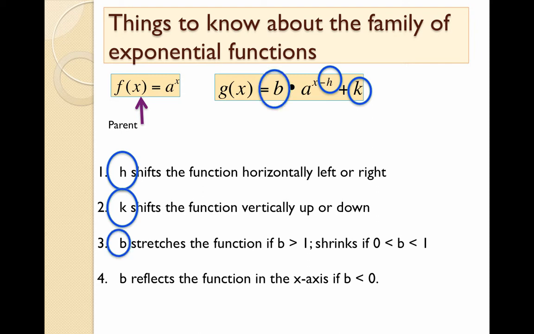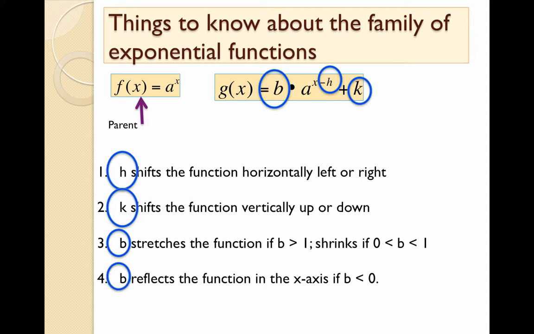The coefficient b stretches the function if b is a number greater than 1 and shrinks if b is a number between 0 and 1. Now when we say stretch for an exponential function, generally means that the curve that we have gets a little narrower. And shrinking means that curve is going to widen out a little bit.